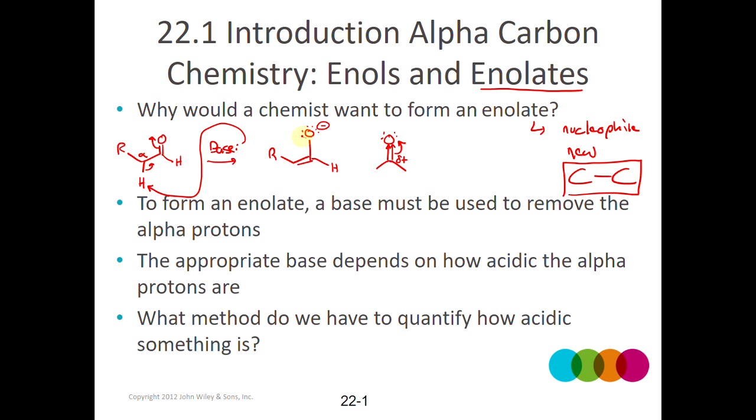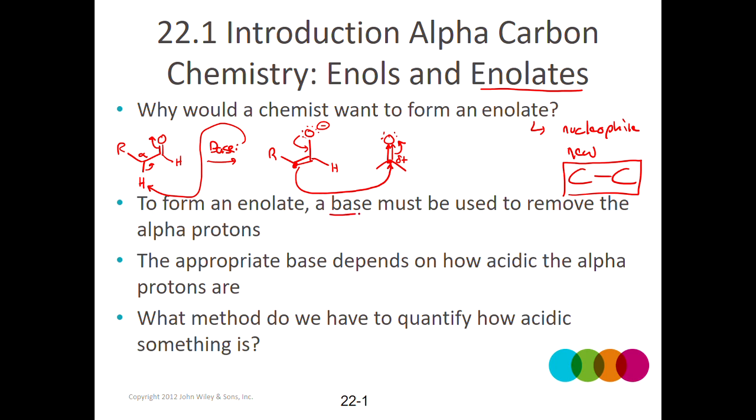So this oxygen can swing these electrons in and attack the carbonyl carbon from the alpha carbon. That makes a new bond between these two carbons. I can have a fairly large structure here and get them to connect and make a much larger structure with control over the position of the atoms.